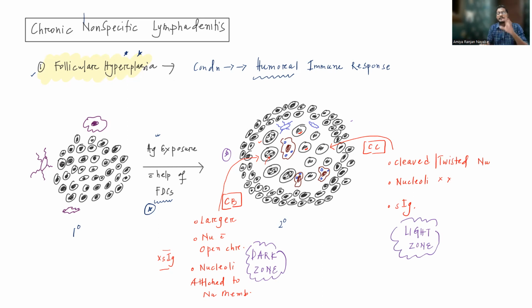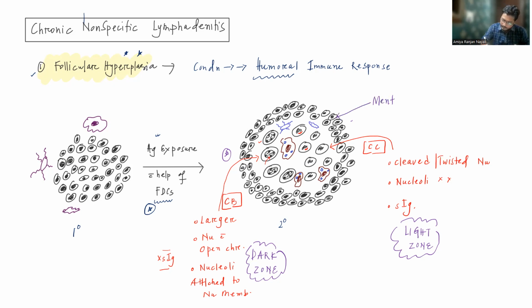That means the germinal center is polarized. On one side you find a collection of centroblasts, known as the dark zone, and on the other side a collection of centrocytes, known as the light zone. Now here you should not be confused between the germinal center and the mantle zone. As you all know, this outer darker area is the mantle zone.